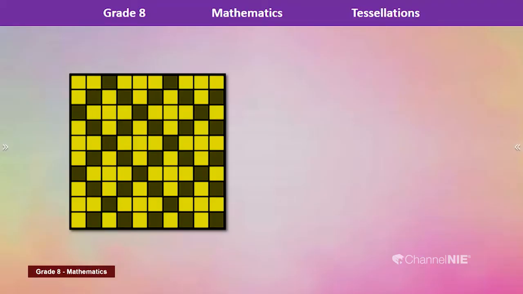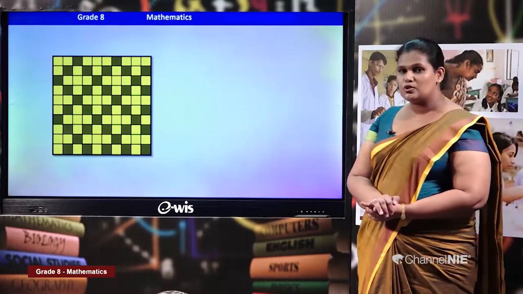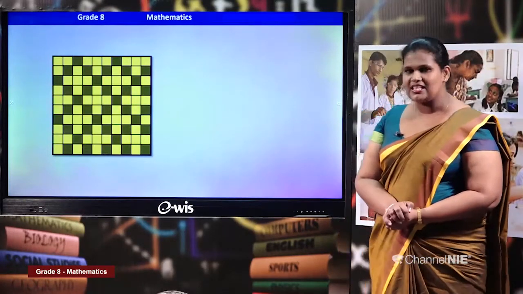Now have a look at this pattern. Here once again we have only squares, but in 2 different colors. Here we can see yellow and dark ash squares. Isn't that so? So they have changed the colors to create a beautiful pattern. Once again, that is also a tessellation.